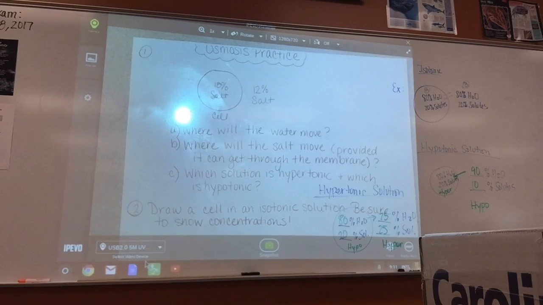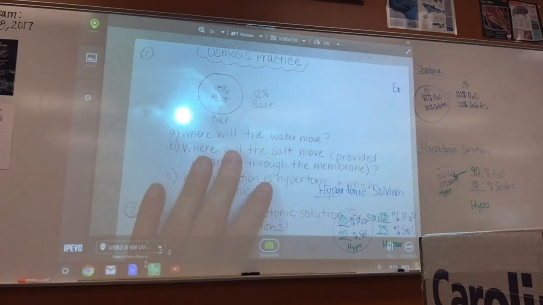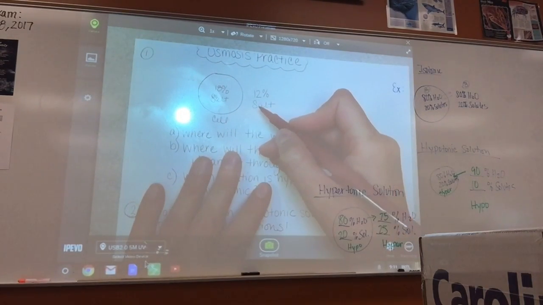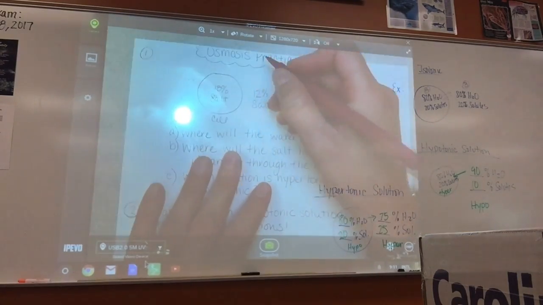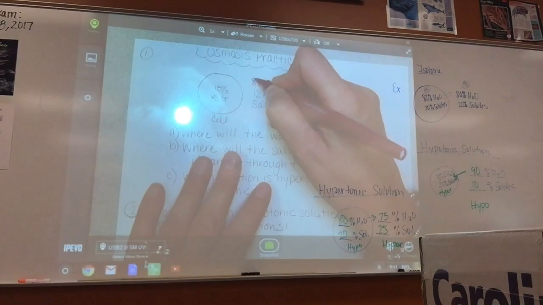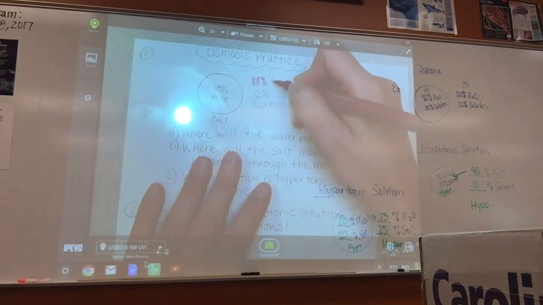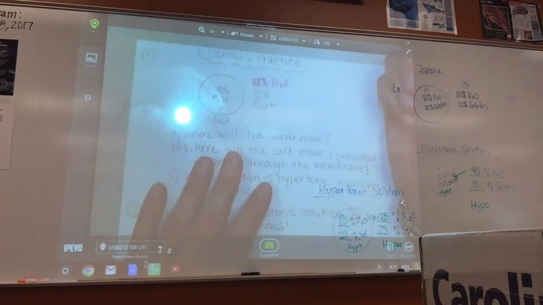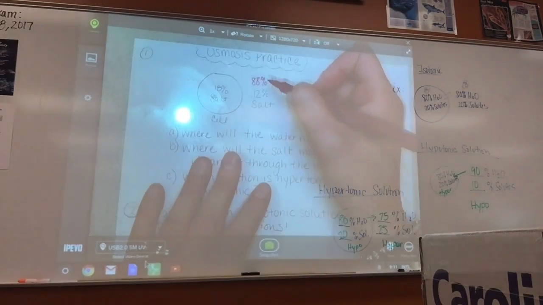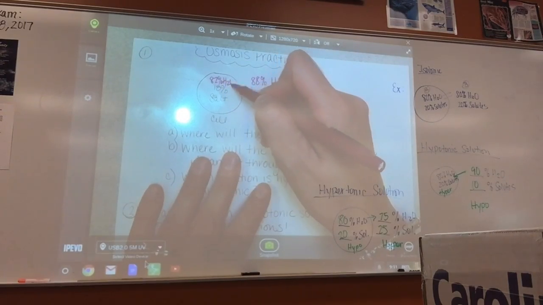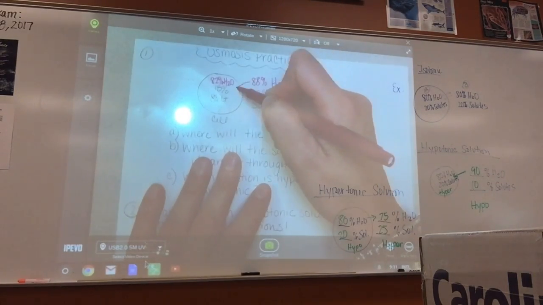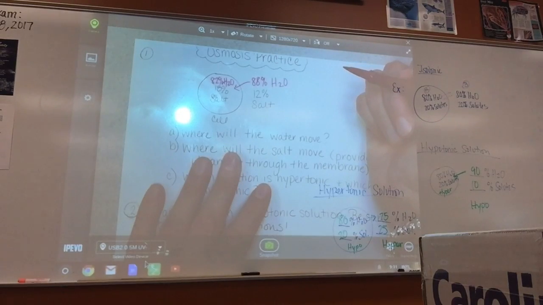So you have salt, you're only given percentages of salt inside and outside, and it's asking you where the water moves. You can figure out the percentage of water, and that is the difference in that they equal 100. So therefore, we should have 88% water on the outside and 82% water on the inside. So therefore, water moves from high to low concentration, so water would go into the cell.